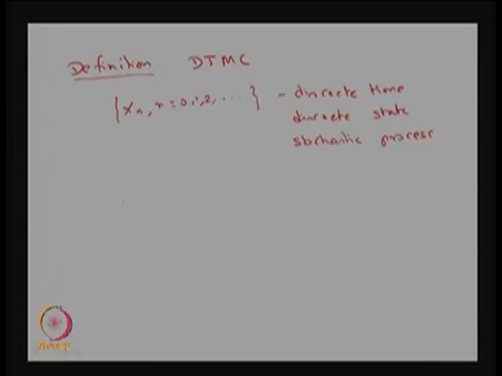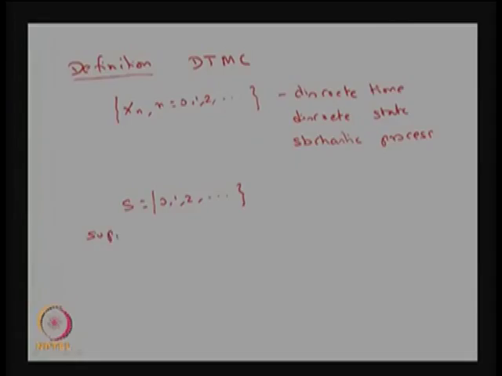Unless otherwise mentioned, the set of possible values will be denoted by the set of non-negative integers, S equal to 0, 1, 2 and so on. Even if it takes other values, you can always make a one-to-one correspondence and make the state space S equal to 0, 1, 2 and so on.